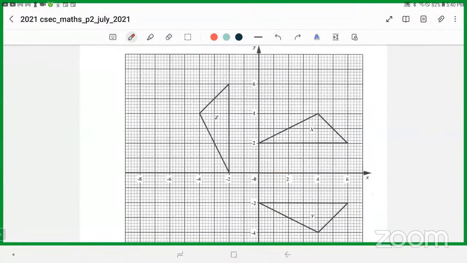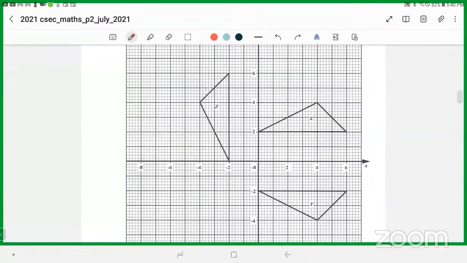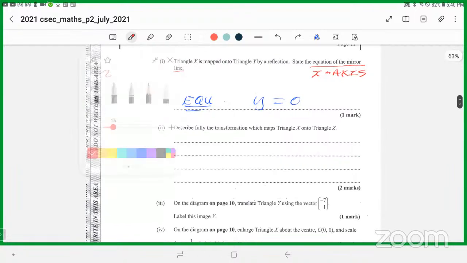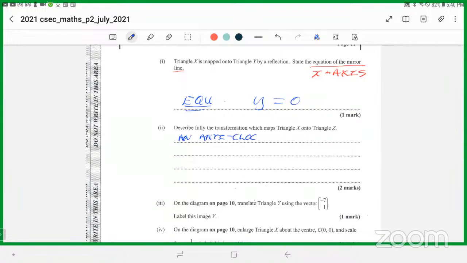So now we can write the description. It's an anti-clockwise 90-degree rotation about the origin. So let's write it. An anti-clockwise 90-degree rotation about the origin.